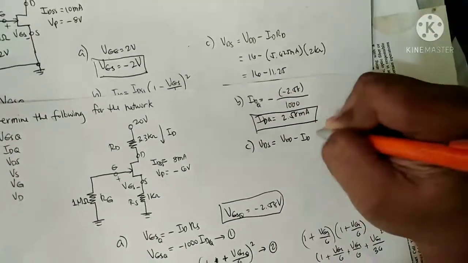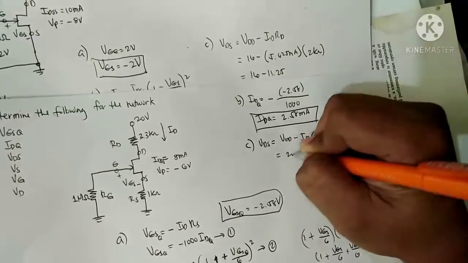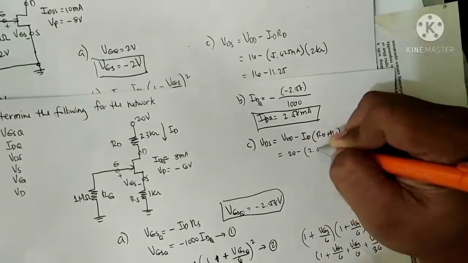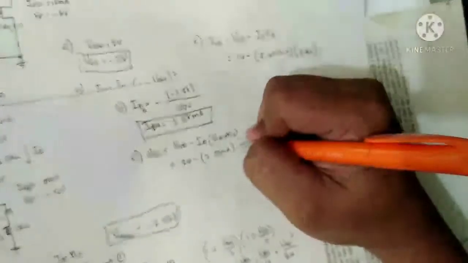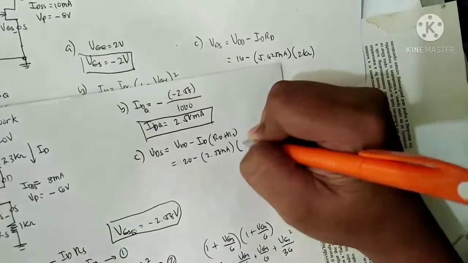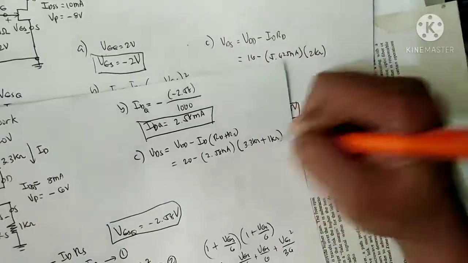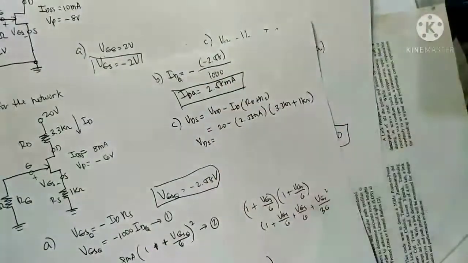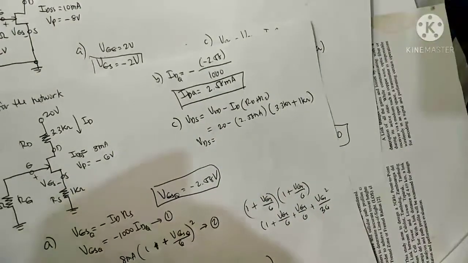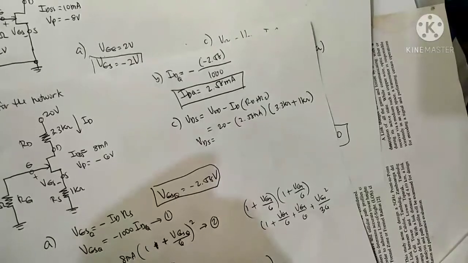And then ID. We can now use the formula. IDQ is equal to negative, then negative 2.58 divided by 1000. So IDQ is equal to 2.58 divided by 1000.